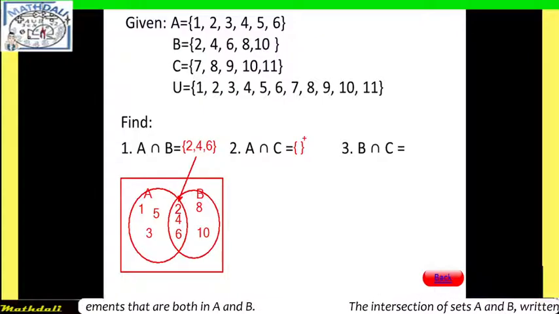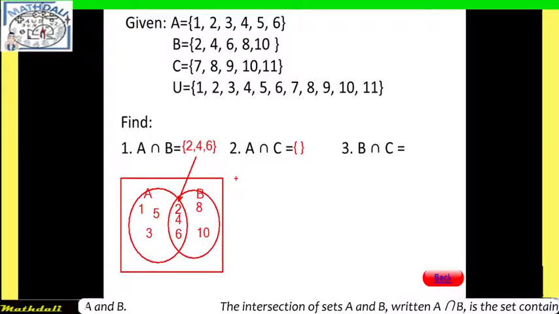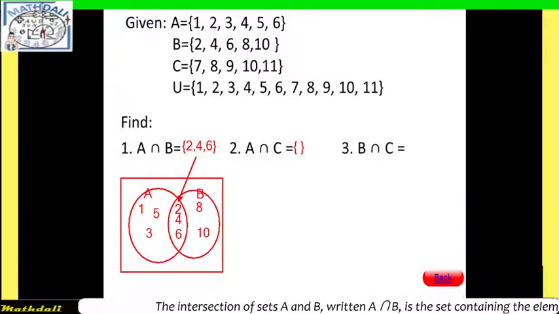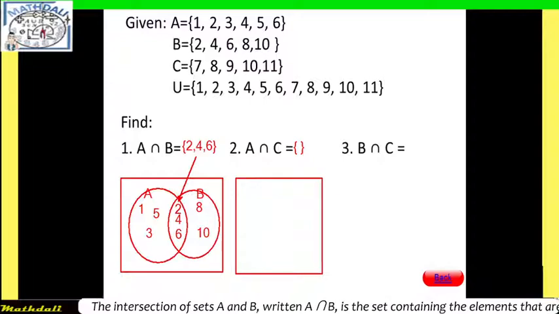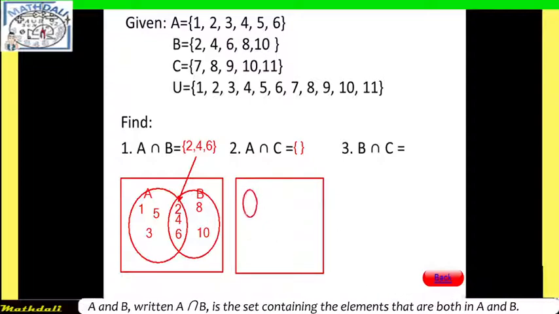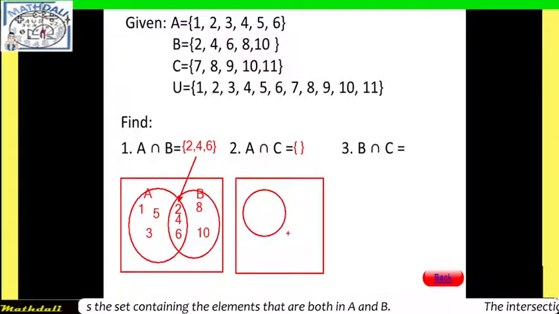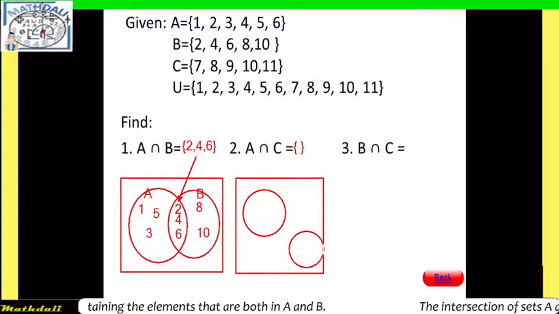Okay, so ayan. So, if your teacher asks you to illustrate using a Venn diagram, then you can have this universal set. But this time, yung ating circle, yung set, nagre-represent ng set natin ay hindi mag-overlap.